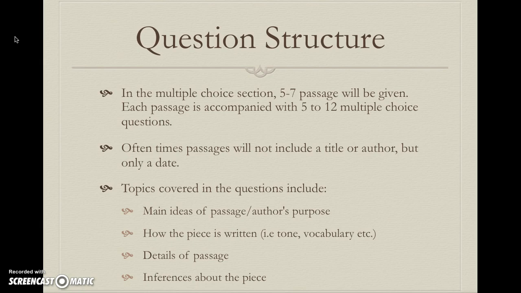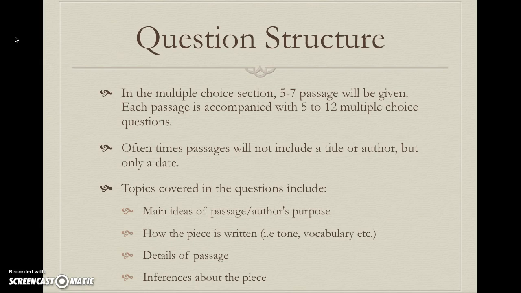So for the question structure of this exam, in each multiple choice section, 5 to 7 passages will be given. Each passage is accompanied with 5 to 12 multiple choice questions. Oftentimes, passages will not include a title or an author or any outside information, but they will usually include a date.